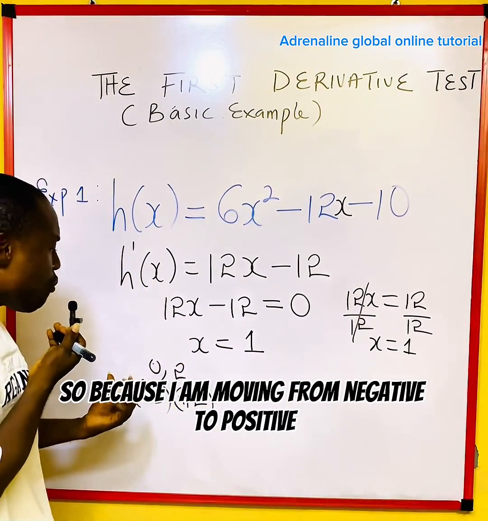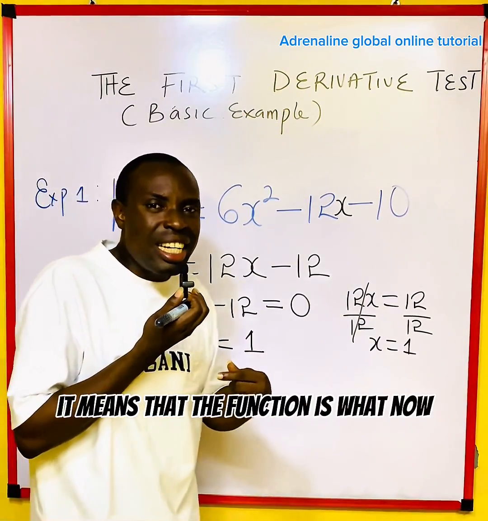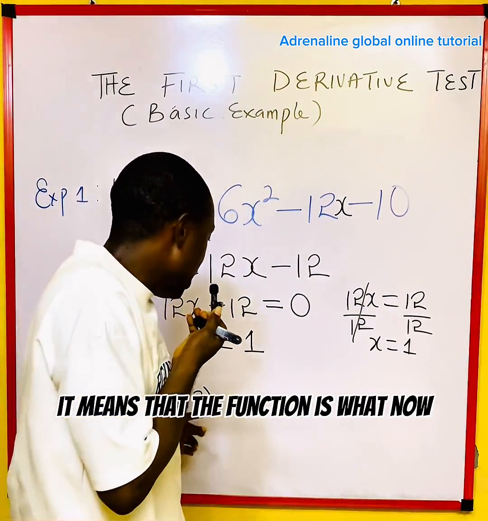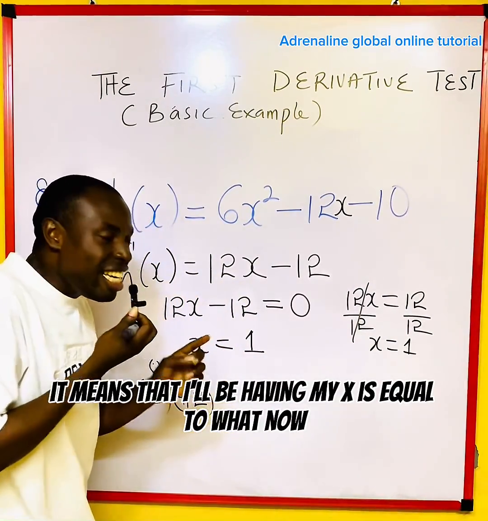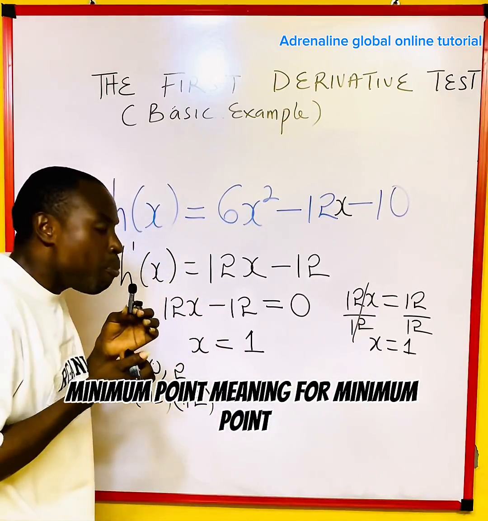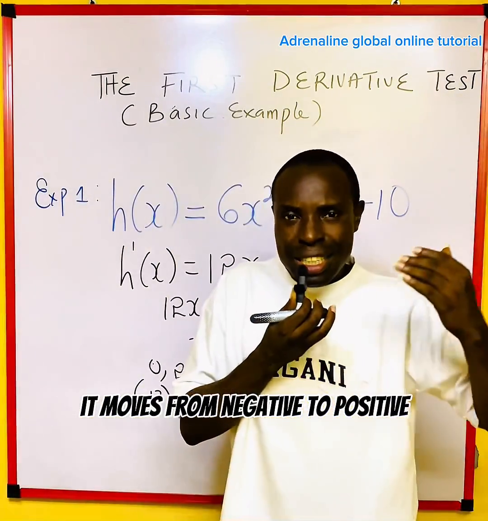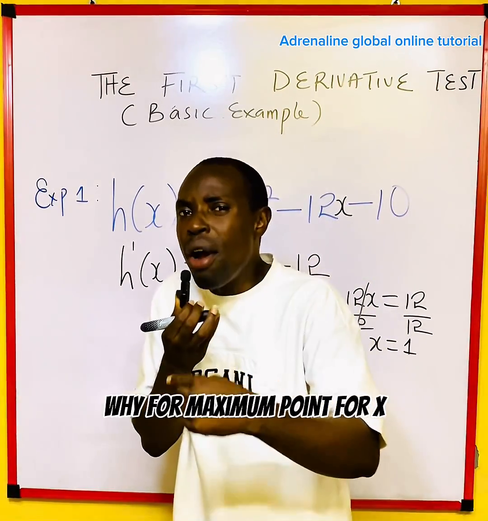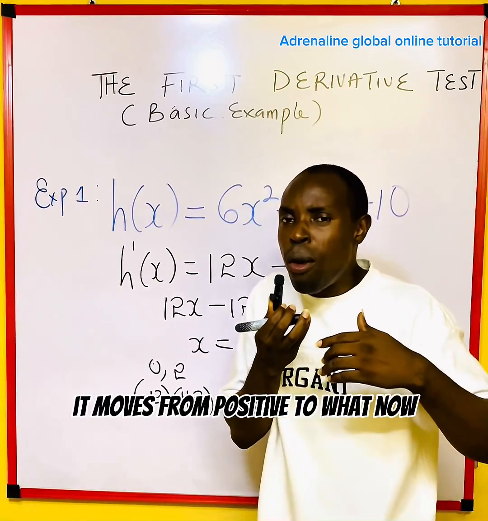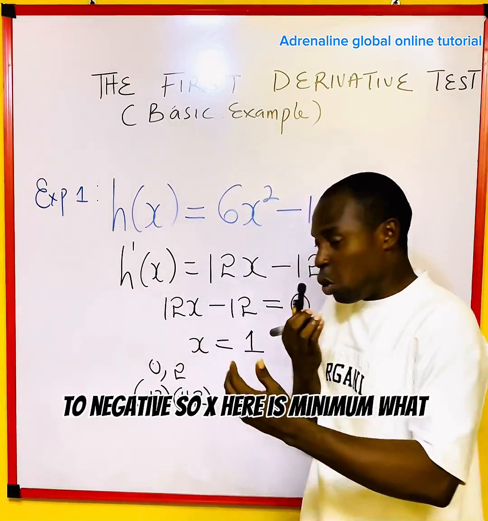Now, because the critical point here is 1, and I am moving from negative to positive, it means that x is equal to 1 is a minimum point. Meaning for minimum point, it moves from negative to positive, while for maximum point, it moves from positive to negative.